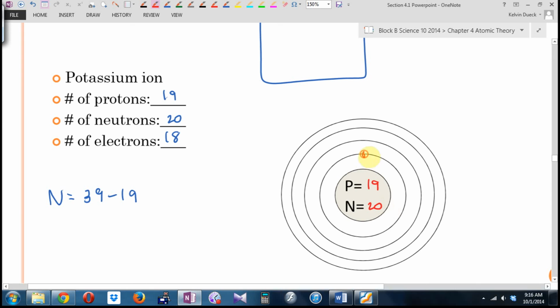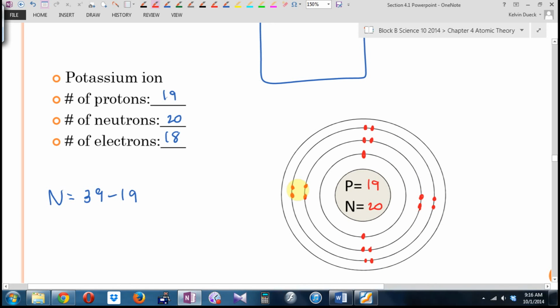First shell still has 2. Second shell still has 1, 2, 3, 4, 5, 6, 7, 8. Third shell still has 1, 2, 3, 4, 5, 6, 7, 8.